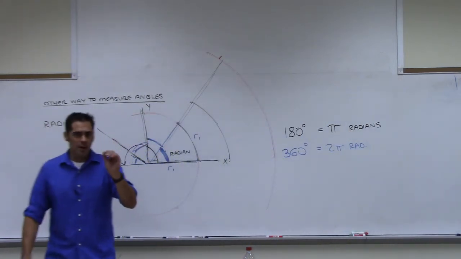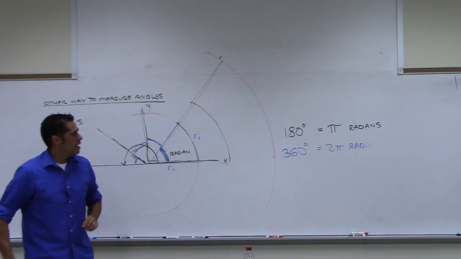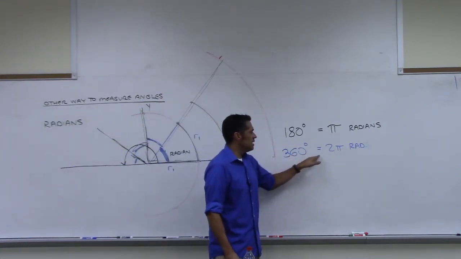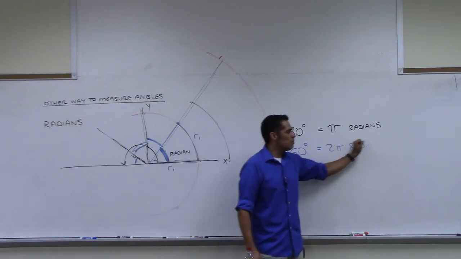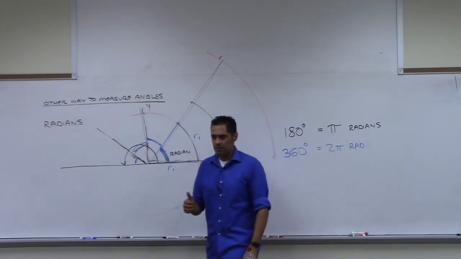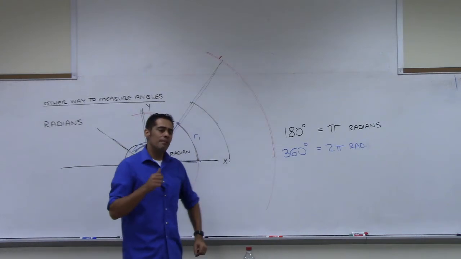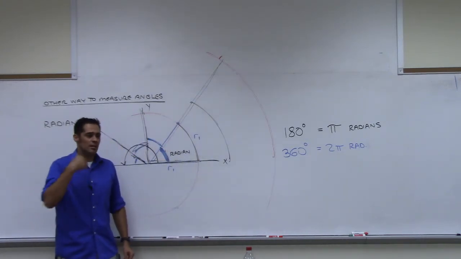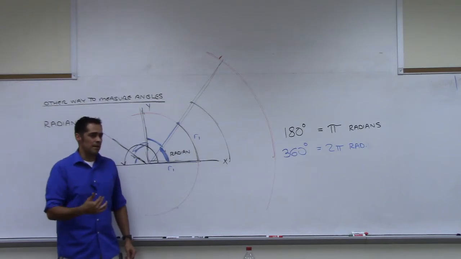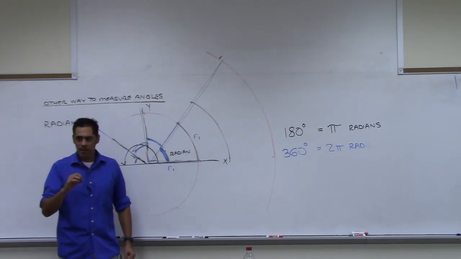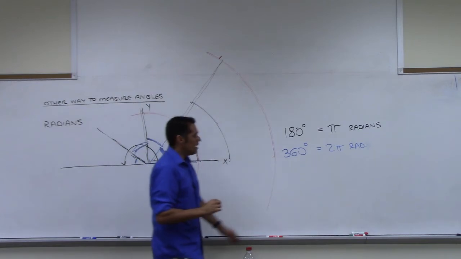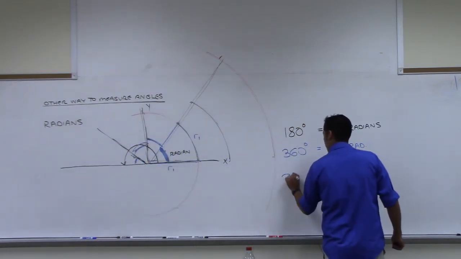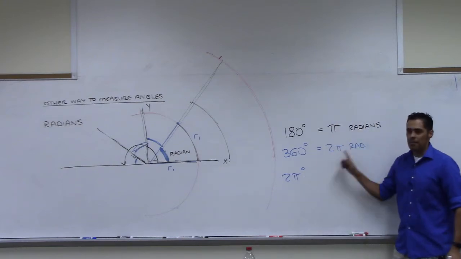And this is a very important thing to note: if I did not put rad and I wrote 360 degrees equals 2 pi without the rad, it would be correct. If you do not put the radians after your number, it's understood that you're talking about radians, if you're talking about an angle. However, if you write down 2 pi degrees, these are not the same thing.